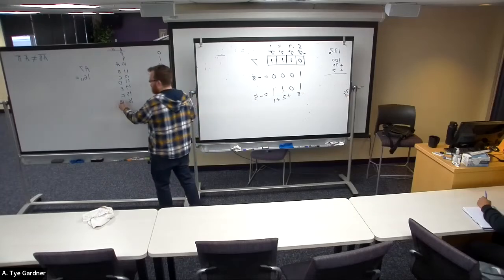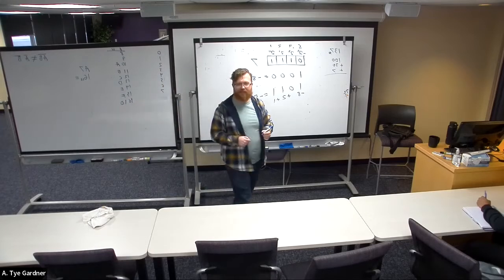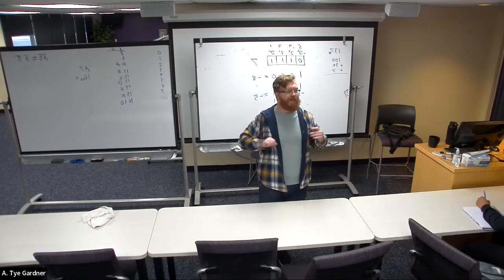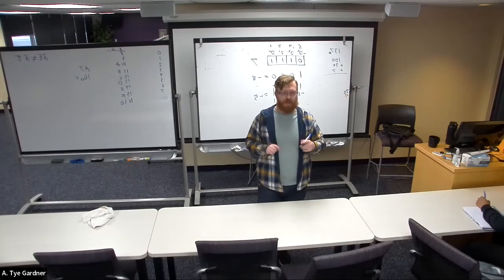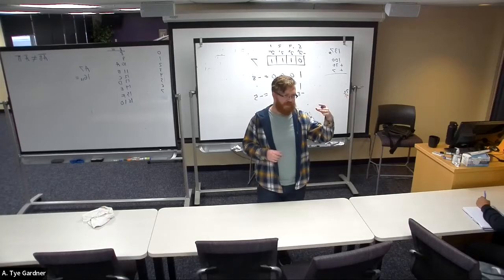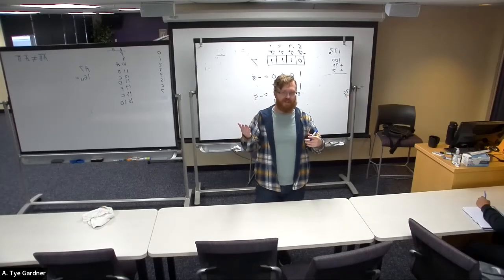16, 10. Because the same thing happens as in decimal. When I go from 9 to 10, 9 is my last decimal number. I ran out, I need a new column. We start at the beginning 1, and then I start counting.